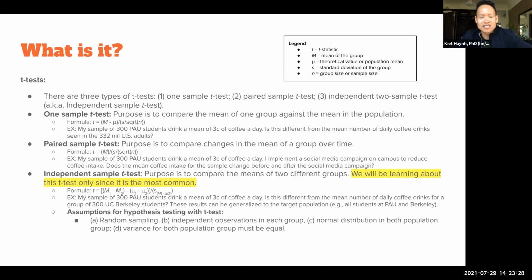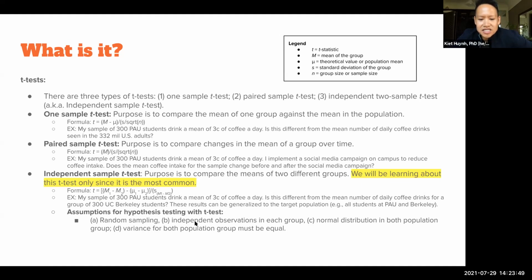Meaning that if I want to select the 300 PAU students, one way I can randomly sample them is getting the list of all the students, maybe getting a big cell list and just randomly picking out 300 students. And that means that each one of those students on the list has an equal chance of being selected for this research. That's what the random sampling means.